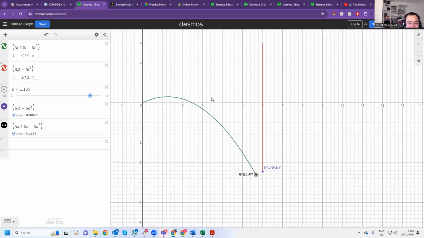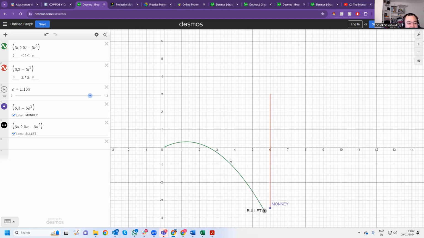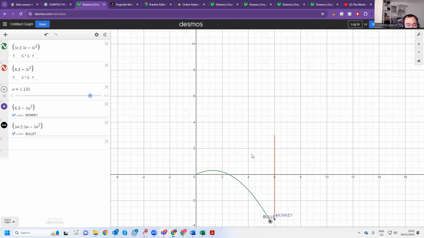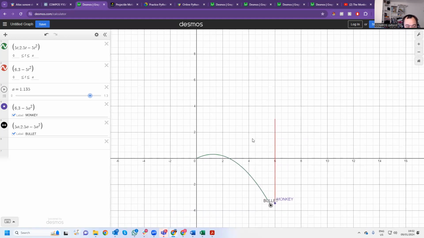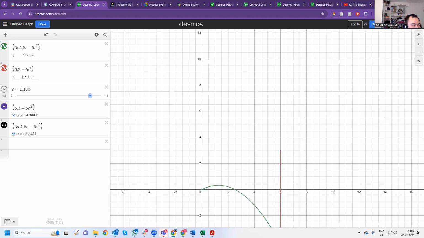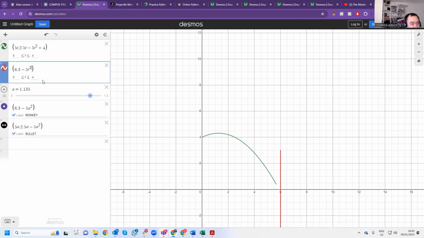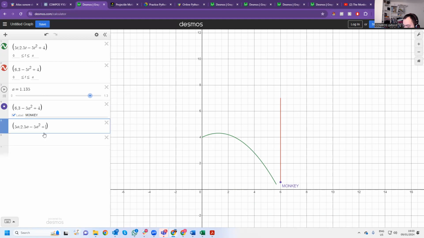So okay, you can change the height. You can add some height. So we need what, extra 4 meters. So let's add 4 meters to everyone. Plus 4, plus 4, plus 4.